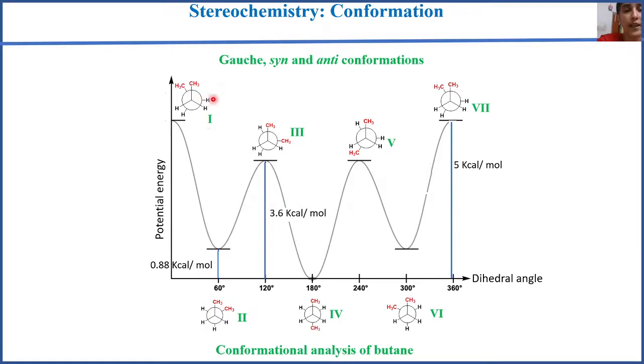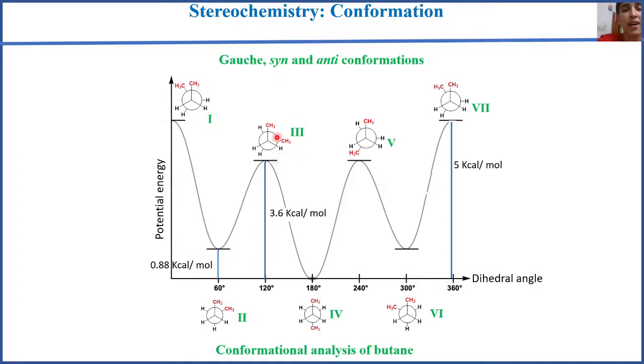In 2, since the two methyl groups are in a 60 degree dihedral angle relationship, this conformer is known as the gauche conformer.